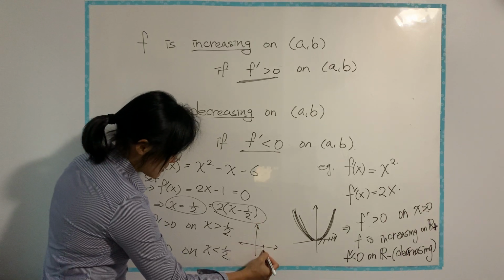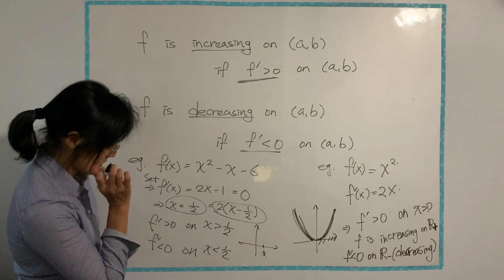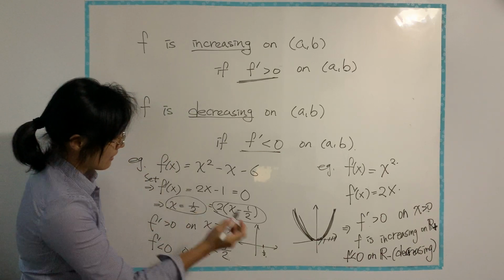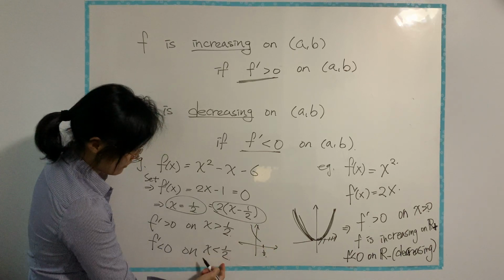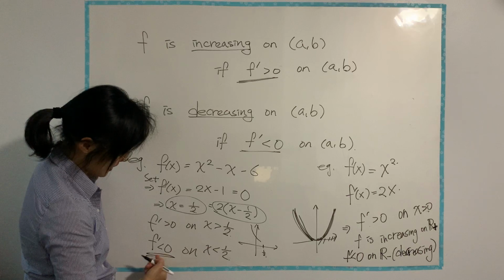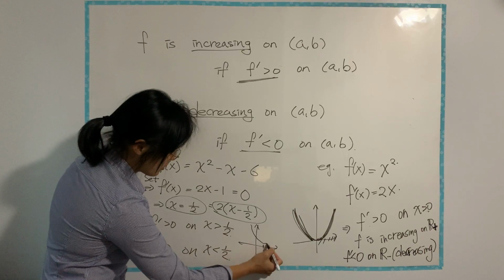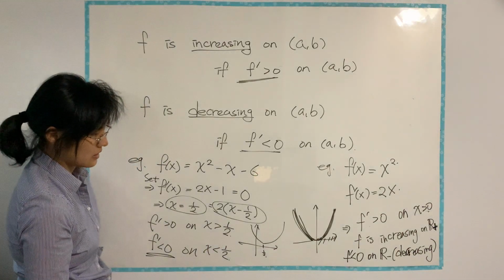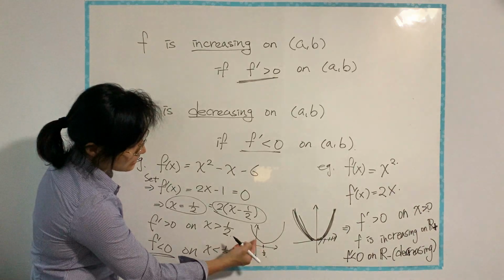Okay, so this tells me that, this is where a half is, it tells me that f decreases before, because f prime is negative, f decreases before a half, and it increases after a half, like that. Okay, it does not necessarily decrease this way.